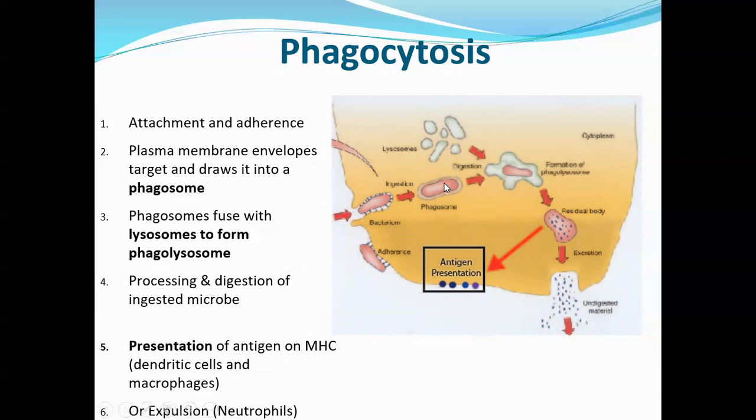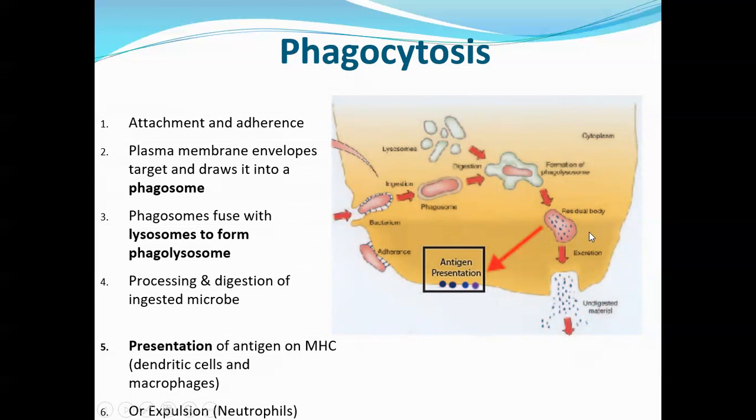So the first step is that this phagocytic cell needs to bind to the target bacterial cell. You need some receptors on this phagocytic cell sticking to the surface of that bacterial cell. Once it's done that, it flows its cytoplasm around that bacterial cell, envelops it, and brings it into the cytoplasm in this vacuole.